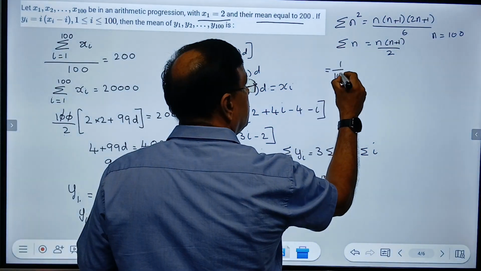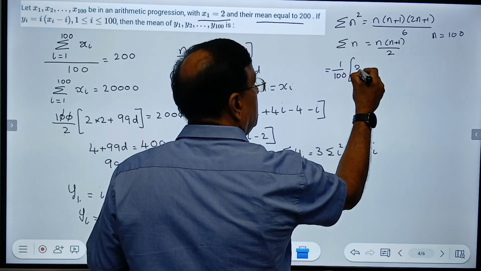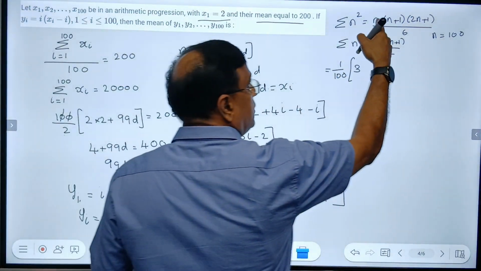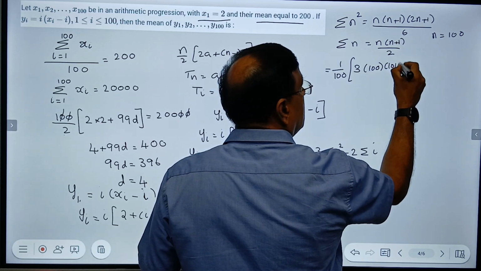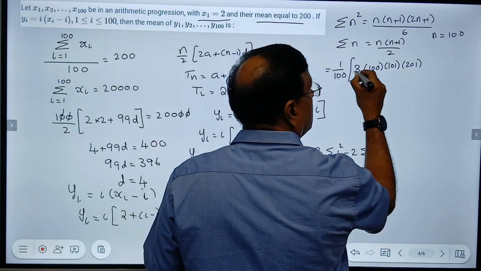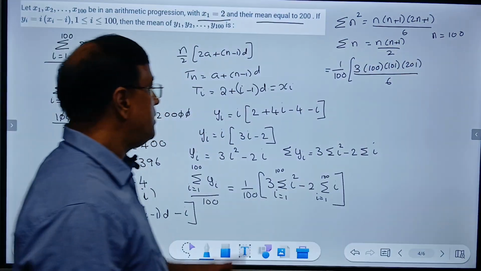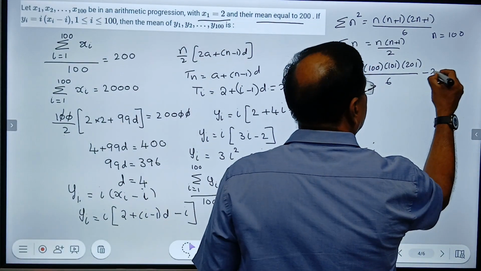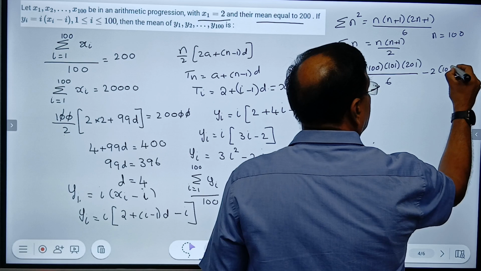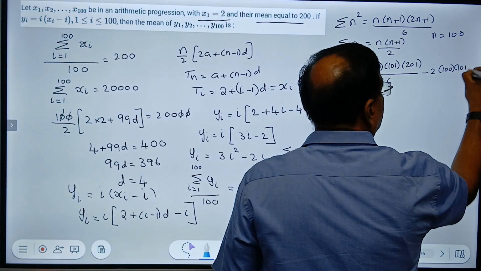So what do you get? 1 by 100 into 3 into, now n is 100, so 100 into 101 into 201 divided by 6. Wherever n is there, I put 100. Minus 2 into 100 into 101 by 2.